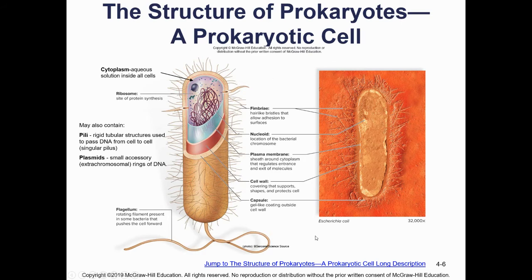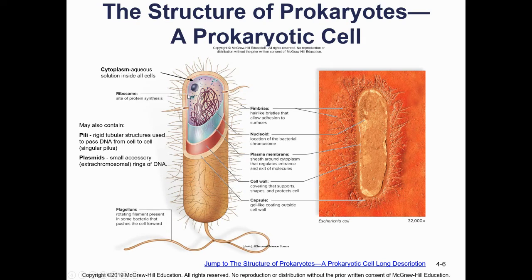Prokaryotes specifically have a cell wall, which we have some eukaryotes with cell walls, but not all. We don't have a nucleus. We don't have a house for our DNA in a bacteria, so just that nucleoid region. Inside, we don't really have a whole lot of other things.